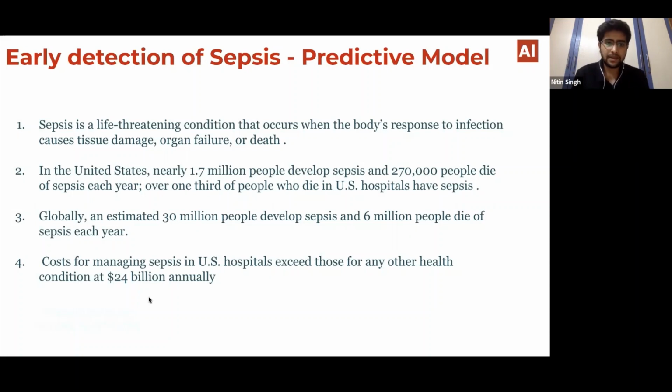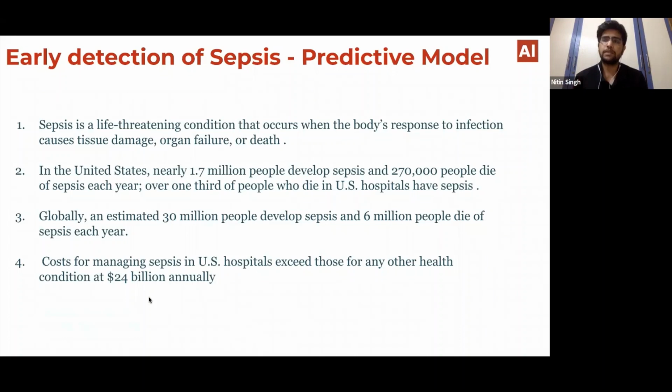The reason I'm putting this across here is that about 4 years ago, my company wanted me to work on this problem of early detection of sepsis. There was not a lot of content out there on the net, but gradually I came to understand that this is a significant problem, and there are startups individually working on it.